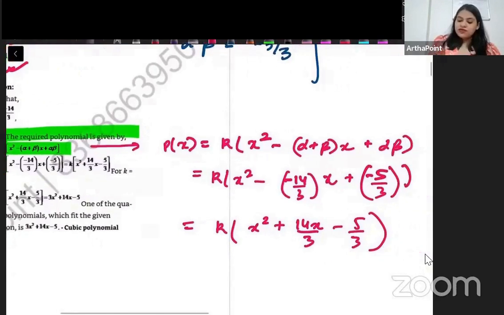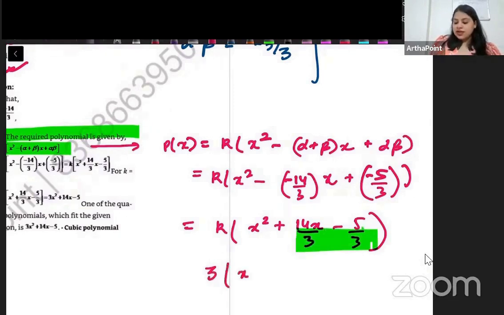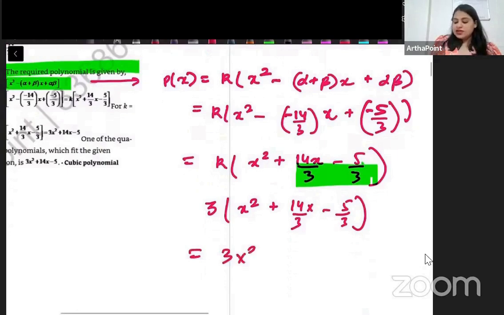So what will I do? If the denominator has 3 here, I will take k as 3. So it will be k x square plus 14x by 3 minus 5 by 3, and I will get the answer as 3x square plus 14x minus 5.